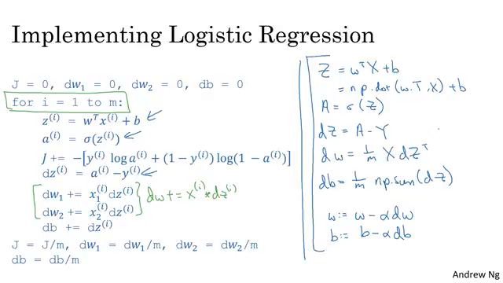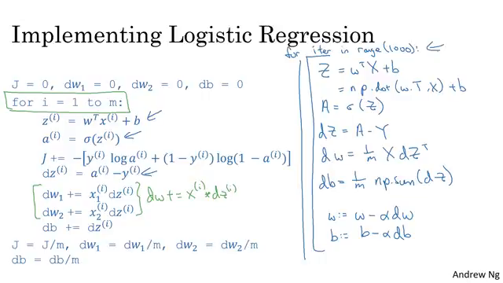Now, I know I said that we should get rid of explicit for loops whenever you can, but if you want to implement multiple iterations of gradient descent, then you still need a for loop over the number of iterations. So if you want to have 1,000 iterations of gradient descent, you might still need a for loop over the iteration number.